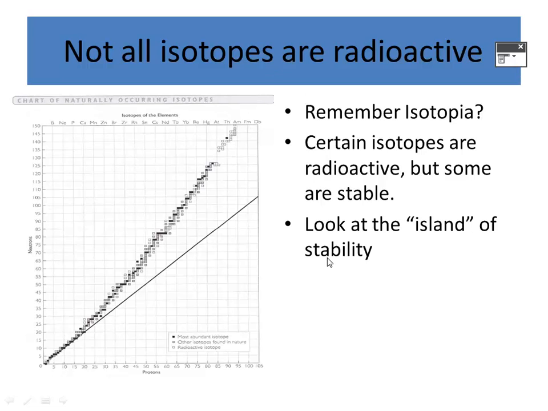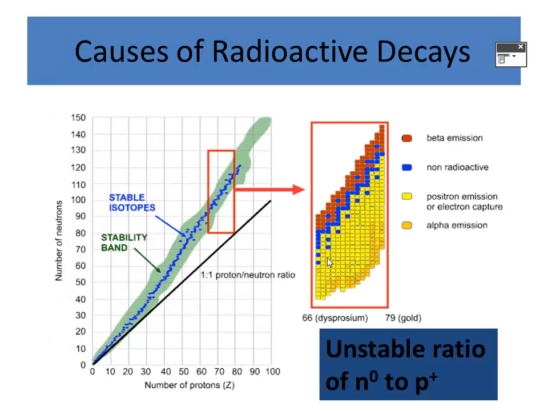Okay? So moving on, we just talked about this. Radioactive decay is caused if you have an unstable number of neutrons and protons. Remember the video we just watched? How the neutrons kind of hold those protons together. So if you don't have a stable ratio, the nucleus breaks up.